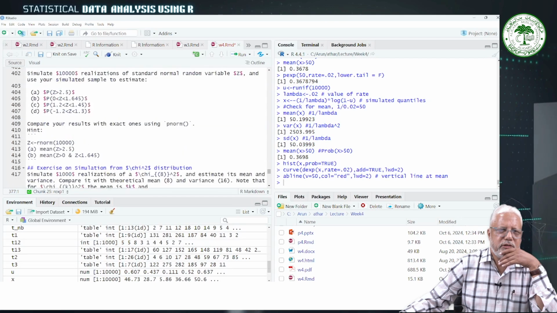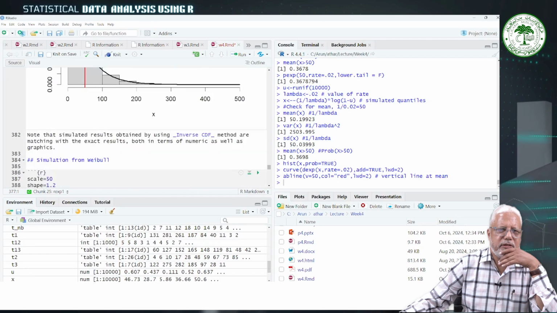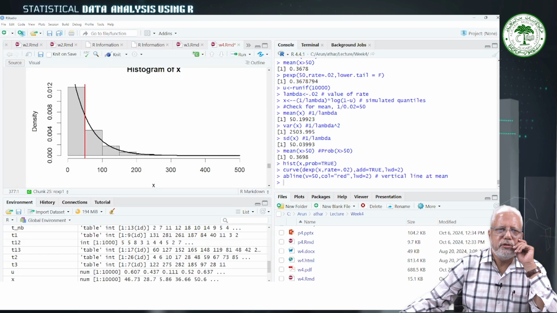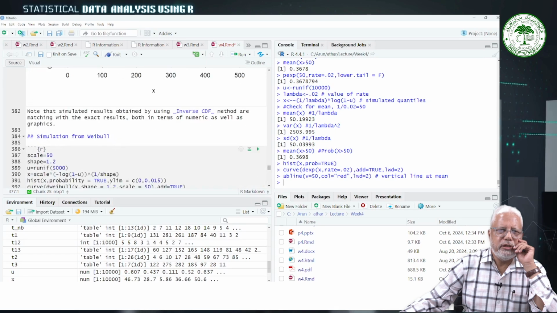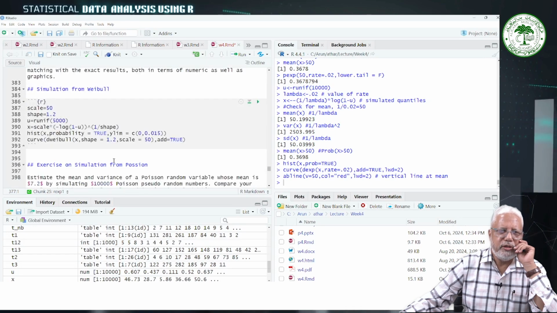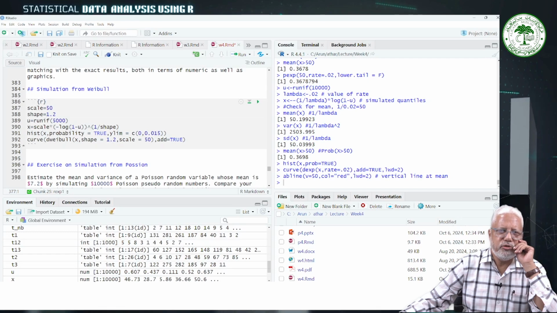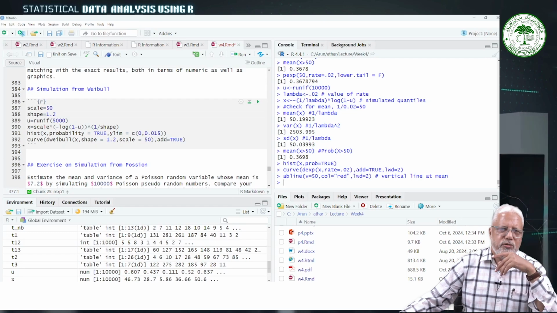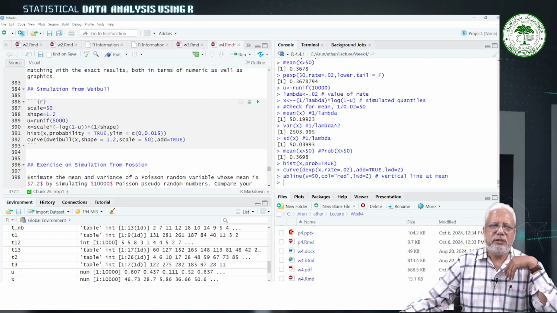So these things I shall discuss tomorrow in my lecture: how we can simulate data from Weibull distribution, how we can make a histogram, and how we can verify these results. So this is all for today.